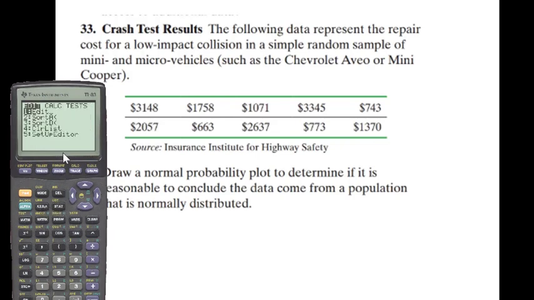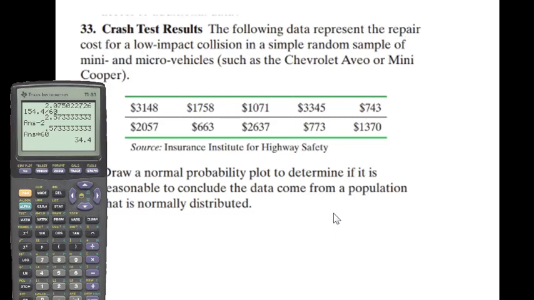First of all, you have to put this data into your calculator. So I'm going to hit edit, and I've already put the data in list 1 to save myself time on this video. I'm going to draw what's called a normal probability plot.